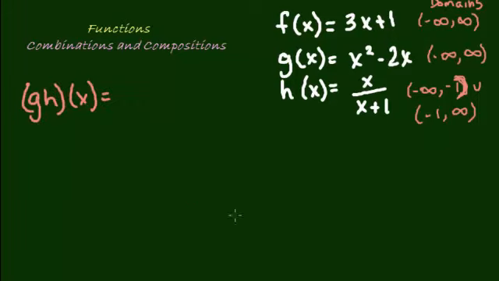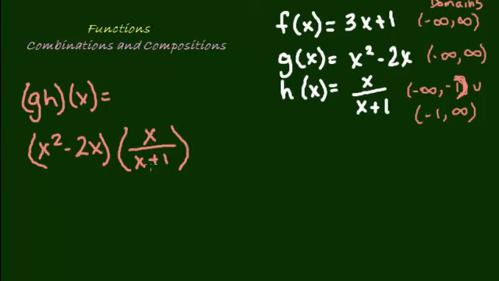Let's do a multiplication one, g of x times h of x. That will give me x squared minus 2x, and I want this whole thing to be multiplied by h, which is x over x plus 1. So I could say that this is the same as this thing over 1.